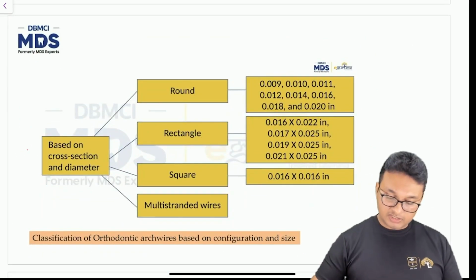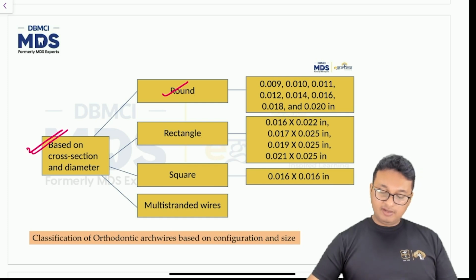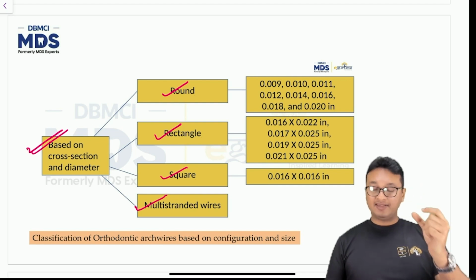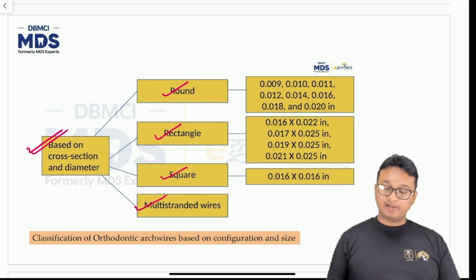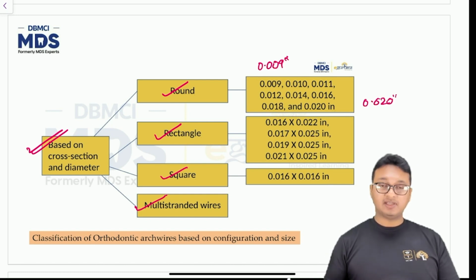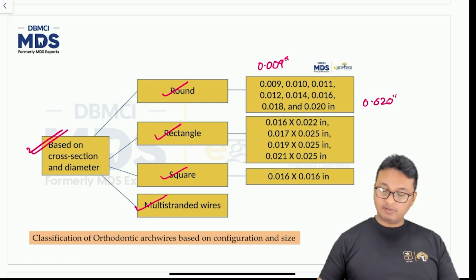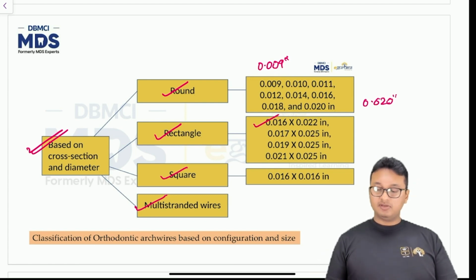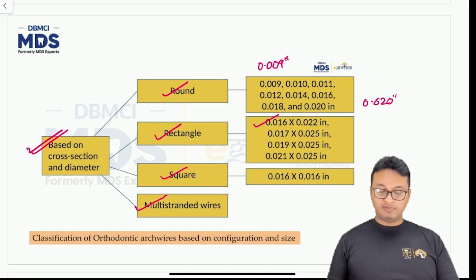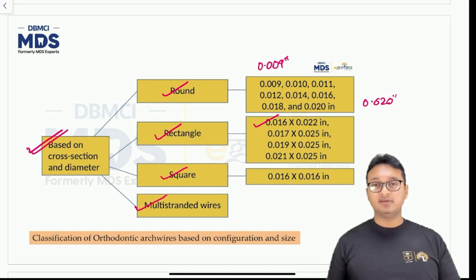Now, based on cross section and diameter, we have round wire, rectangular wire, square wire, and multi-stranded wires. In round wires, different diameters are available, ranging from 0.009 inch to 0.020 inches. Rectangular wires range from 0.016 inches to 0.021 by 0.025 inches, and square is available only in one form till now, that is 0.016 by 0.016 inches.